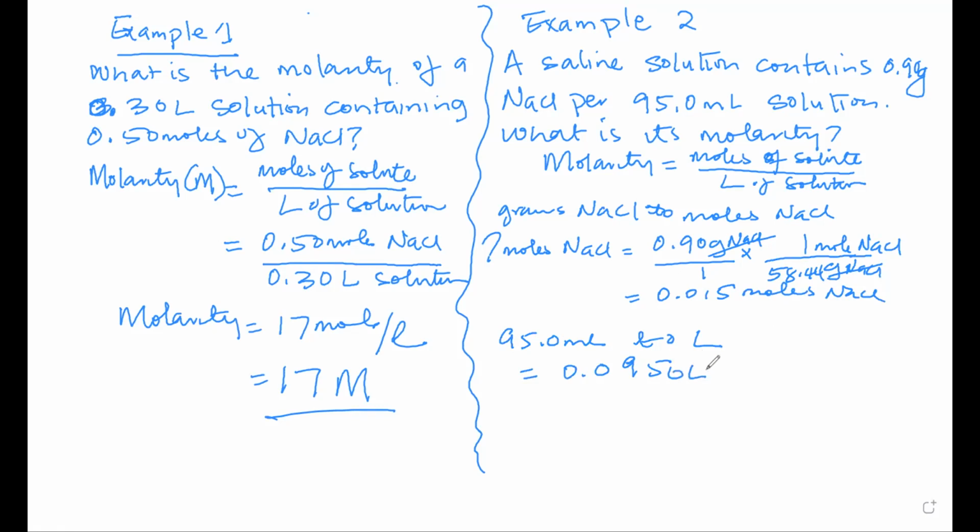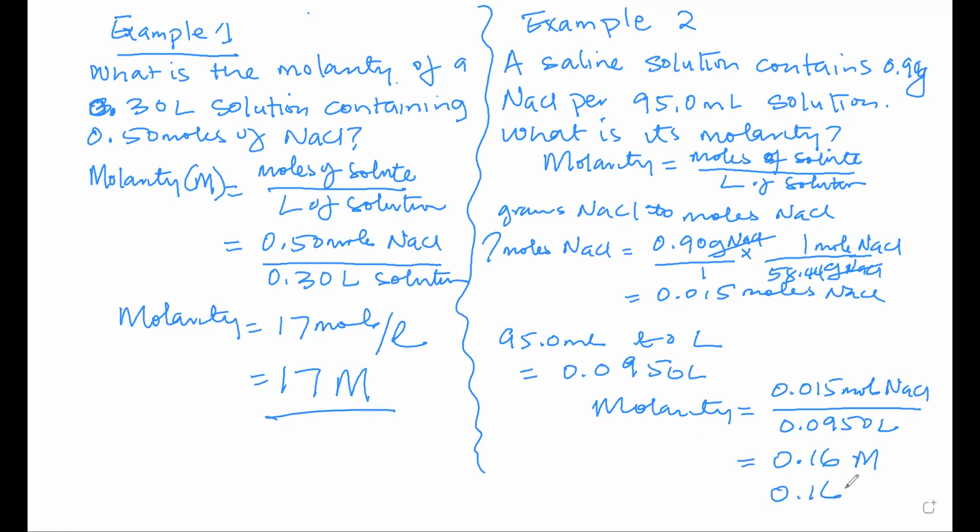Now the molarity calculation will be 0.015 moles of sodium chloride all over 0.0950 liters, which will be 0.16 molar, that's molarity, mole per liter. So these are examples on how to do this type of problem.